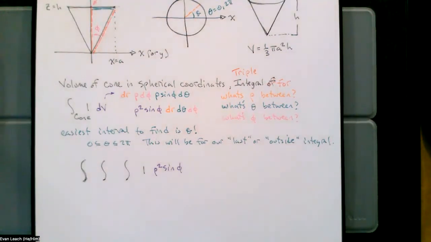Rho squared sine phi shows up because it's part of the dV, but when we go to integrate, it's going to have to get integrated along with the 1.